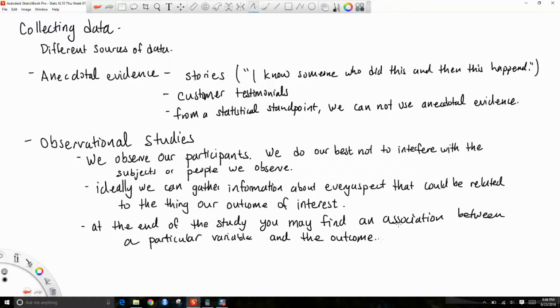Okay? But even if you see an association, all you can say is that there is an association. You cannot say that one causes the other, okay? You cannot make a cause and effect conclusion.